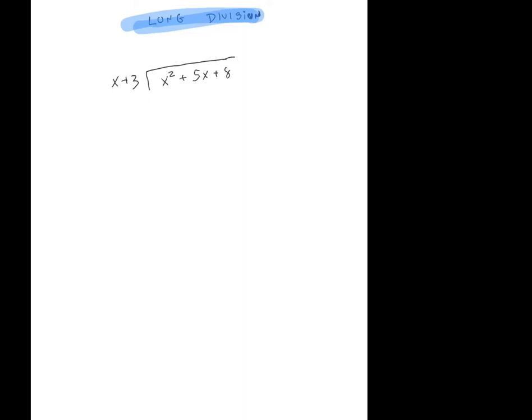We're going to divide x squared by x. What is x squared divided by x? What does that give us? x. Good job. We put that on the top. And now with that x, we multiply it to x plus 3. Whatever we get, we put it right there.